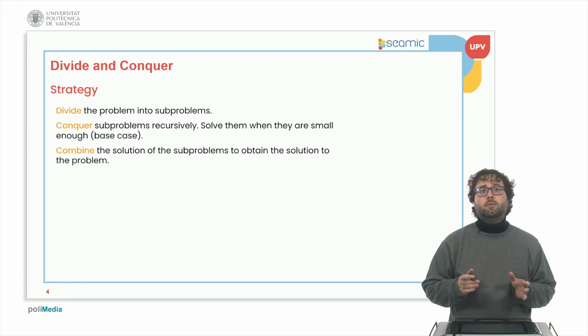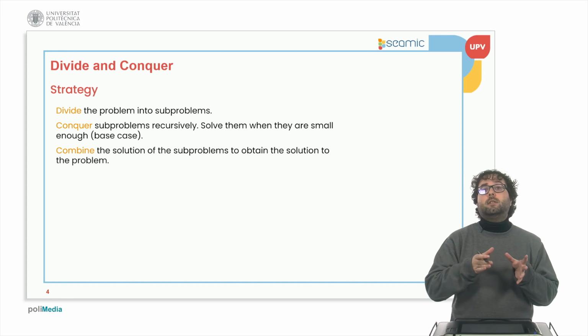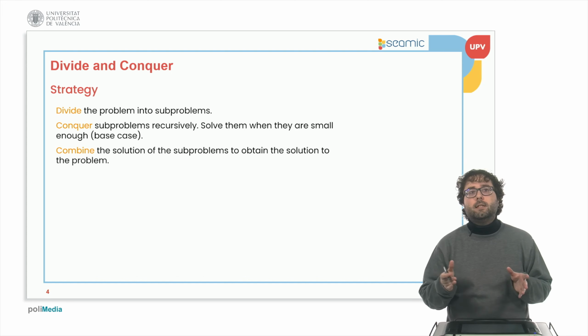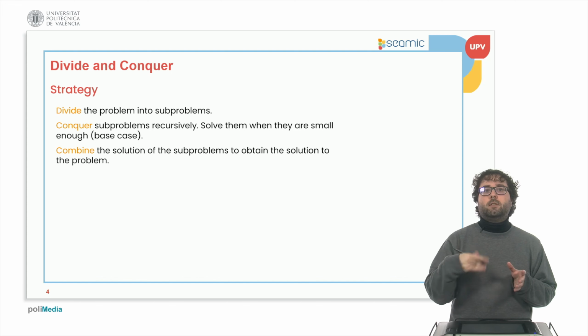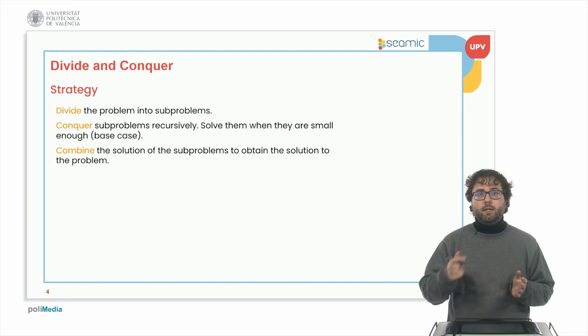So, as I mentioned, the divide phase of the strategy is dividing the problem into sub-problems. Then we conquer the two problems recursively until they are small enough to be solvable when we achieve the base case. And finally, we combine the solutions to each sub-problem in order to form the final solution.